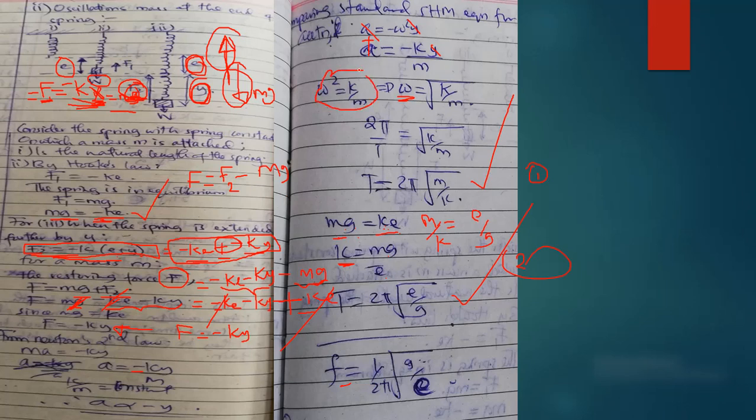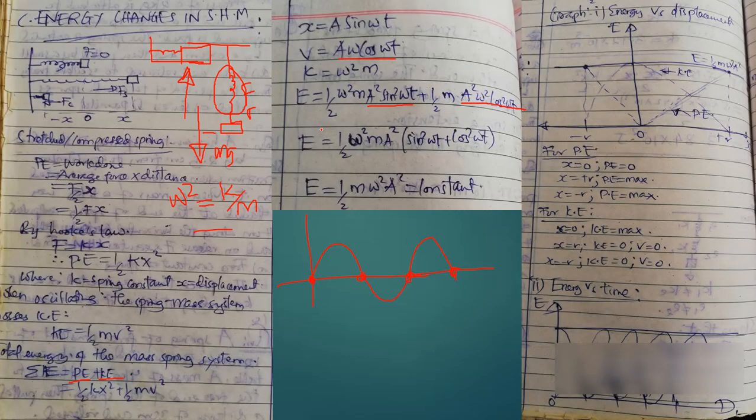Okay, w squared is equal to k over m. That means instead of k we can put w squared m, because k is equal to w squared times m. So if we want to simplify it, sin squared wt plus cos squared wt, we can take the common factor.